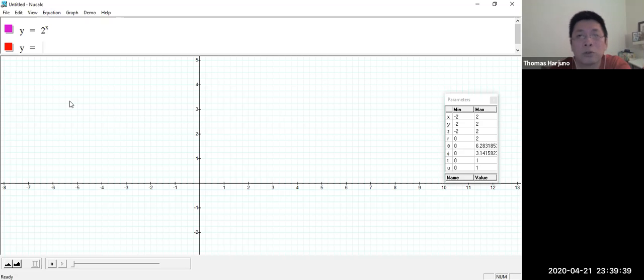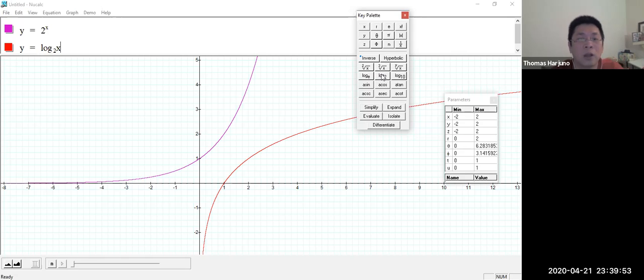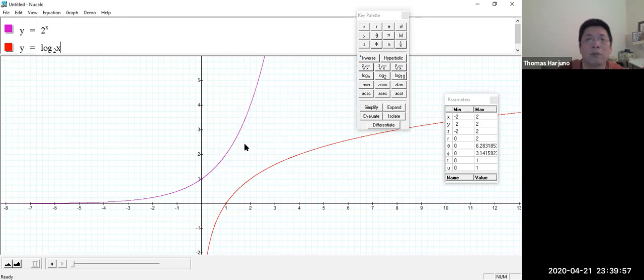I need to give me a second. Keypad. I need the log. Now, this is the graph of the exponential function and the logarithmic function. Are you looking at my graphing board?